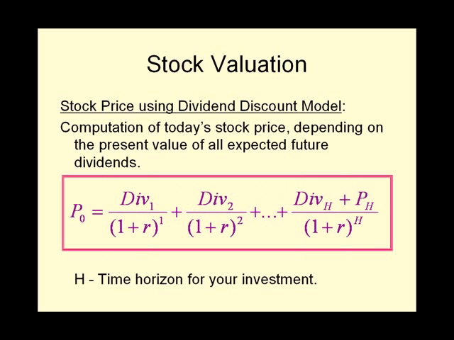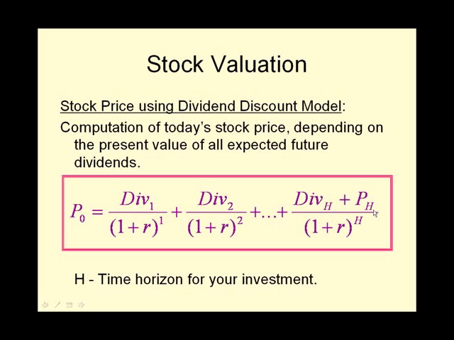Here's a present value equation for the price today as determined by a future stream of dividends discounted appropriately. We'll have R as the cost of equity capital, or the market capitalization rate. And so what you see is that the price now, or time zero, depends on the dividends every year discounted appropriately out to an evaluation horizon, plus the price at that evaluation horizon.